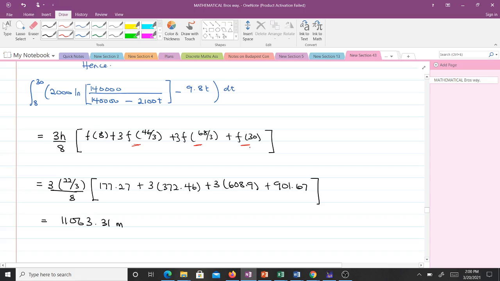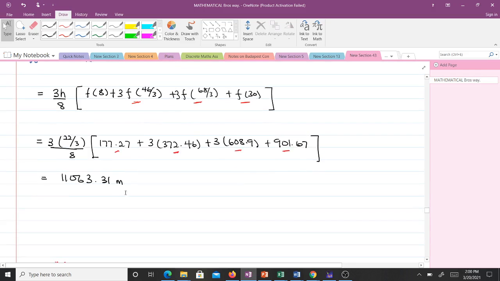So now we have to just make substitution. So h we found to be 22 over 3. F of 8 is this. F of 46 over 3 is this. This is that. And we have this here too. So making this computation is going to give us what we can see here. So that happens to be the answer. Okay, you see it's very simple.